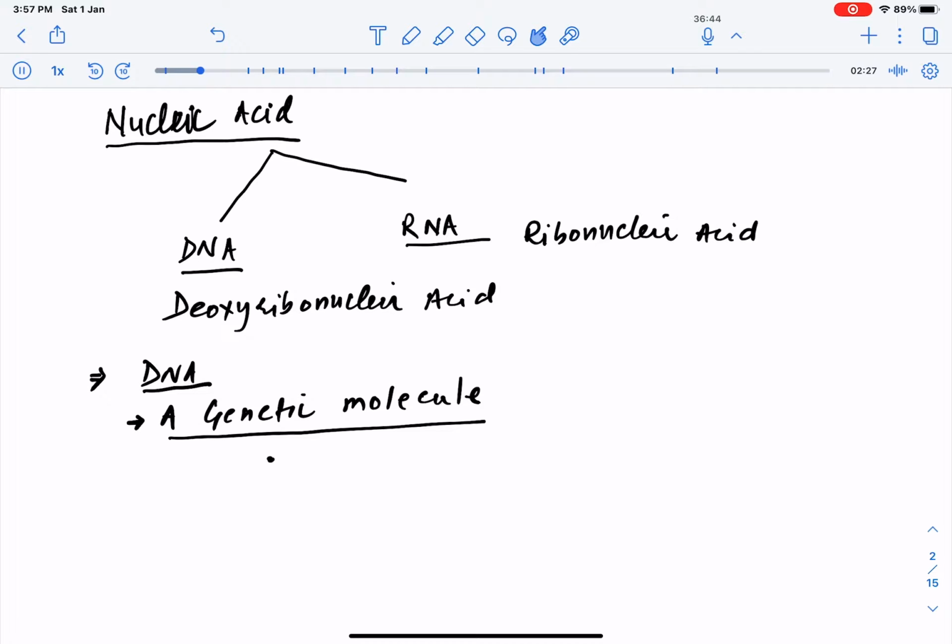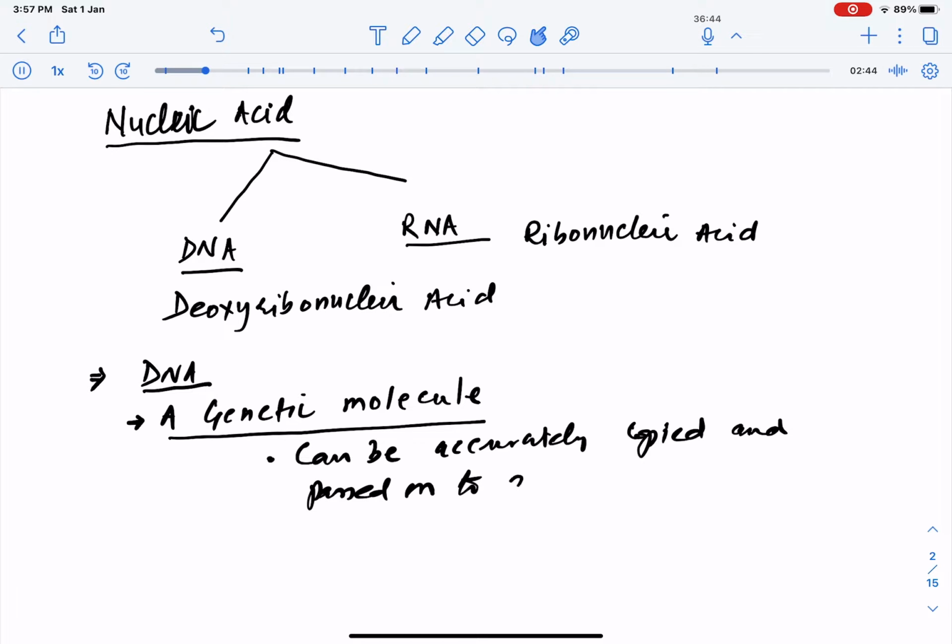It can be accurately copied and passed on to daughter cells.